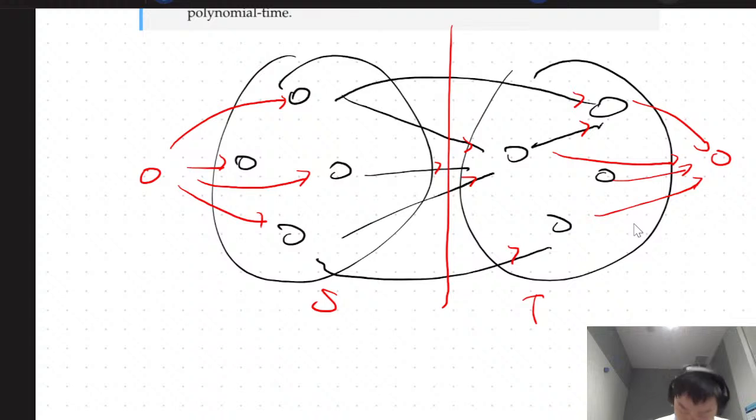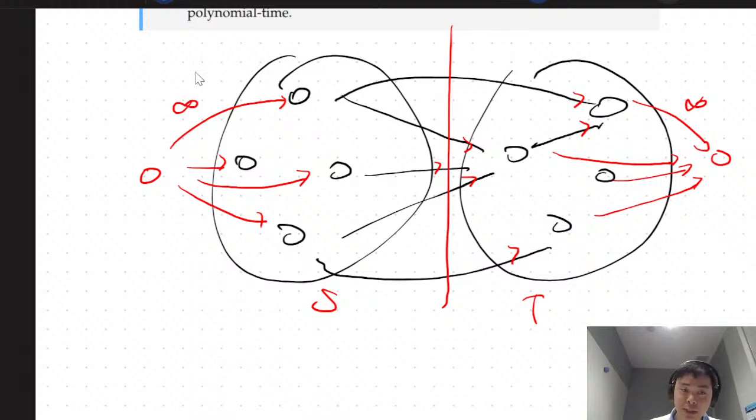Infinity. Yep. Why is it infinity? Exactly. We want these edges to be of infinite capacity because we want to ensure that all of the edges that are actually cut by the minimum cut are edges that belong in the original graph.